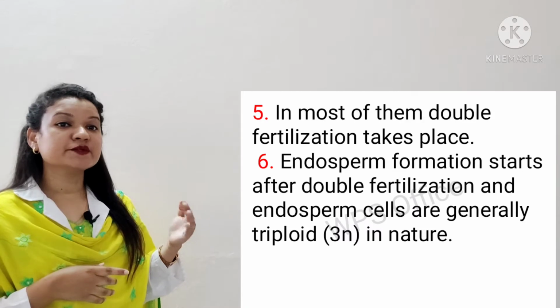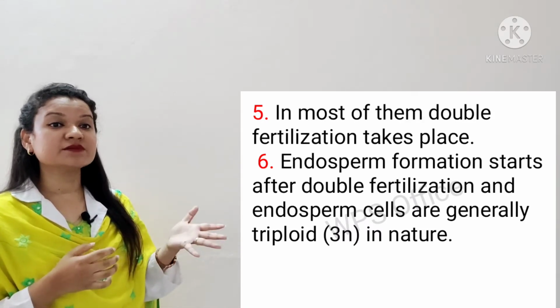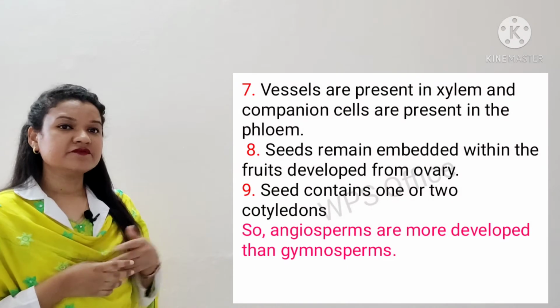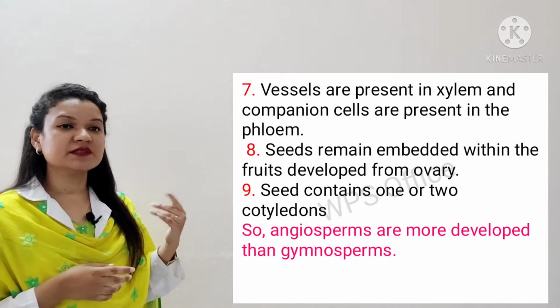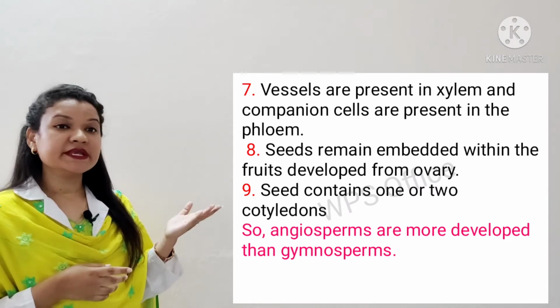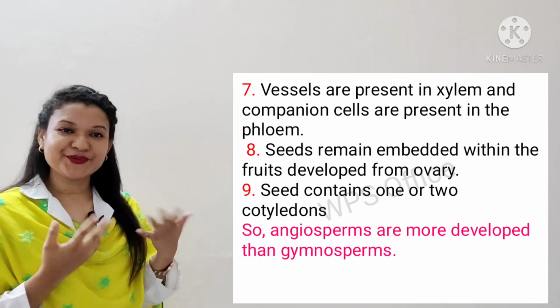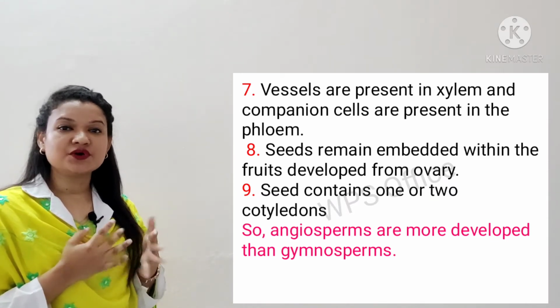Number 6, endosperm formation starts after double fertilization, and endosperm cells are generally triploid in nature. Number 7, vessels are present in xylem and companion cells are present in the phloem. Number 8, seeds remain embedded within the fruits developed from ovary. And number 9, seed contains 1 or 2 cotyledons.